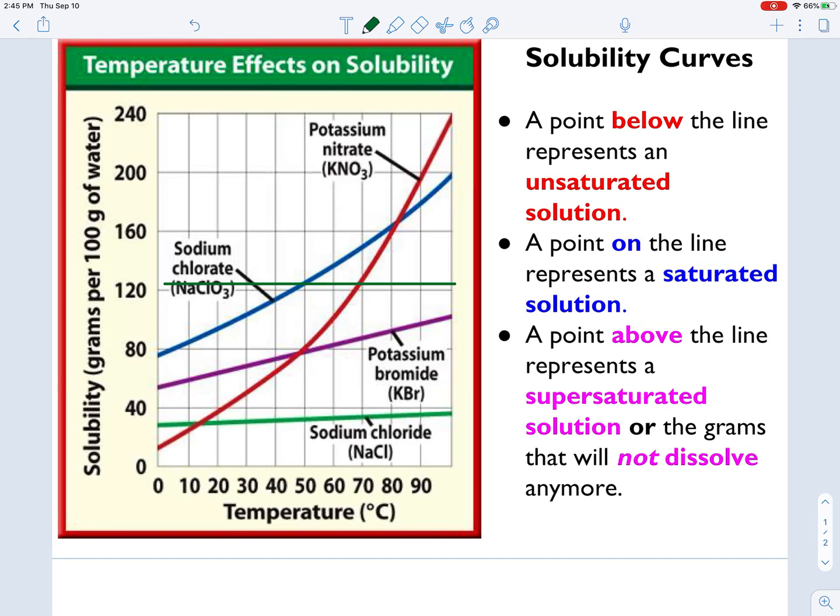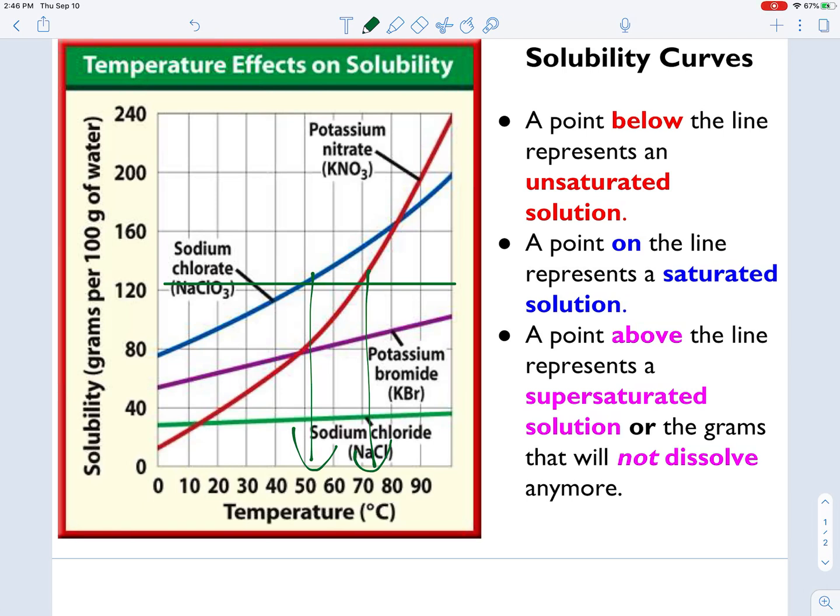And then I'm going to read the x-axis. So the blue line, potassium nitrate, I can go down and I can say at 50 degrees, I'm going to dissolve about 120. The red line, I can go down, I can say, I'm going to need 70 degrees to dissolve 120 grams of that substance, and so on. So you can get data from this.